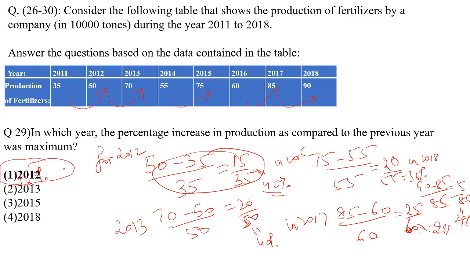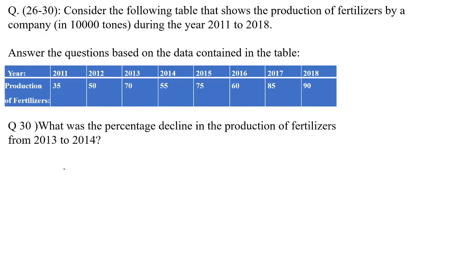Next question says: what was the percentage decline in the production of fertilizer from 2013 to 2014? So we will see these two, right?